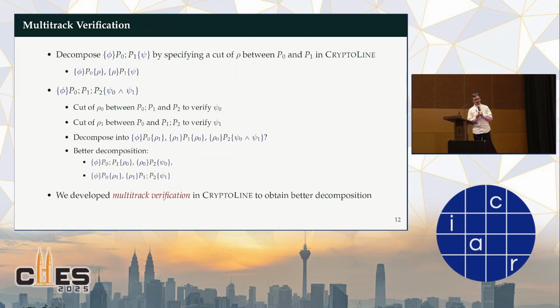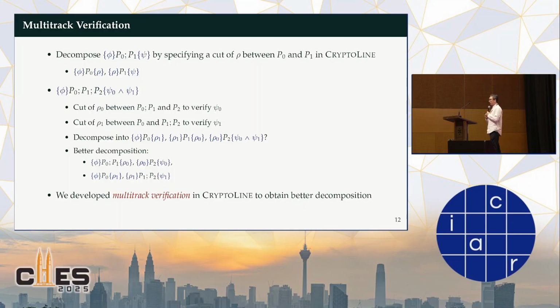During the verification, Cryptide offers cut instructions to allow the verifier to split the verification of a large program into smaller Hoare triples. But it happens that here, we have 2 post conditions to be verified.